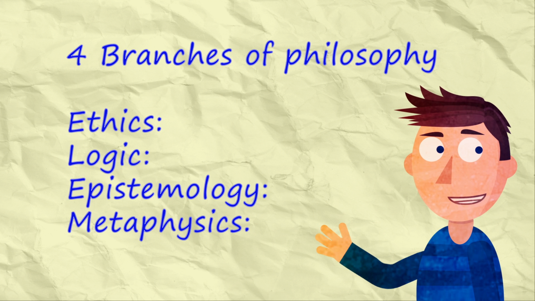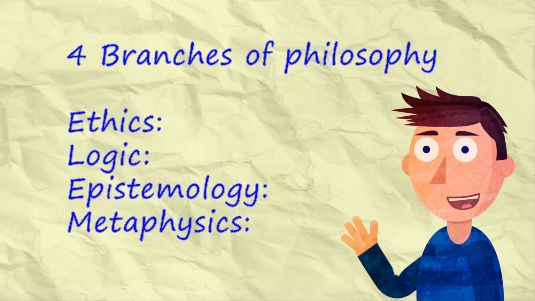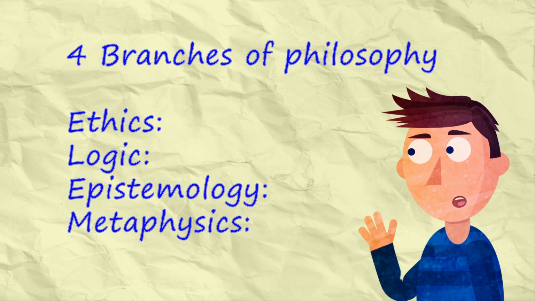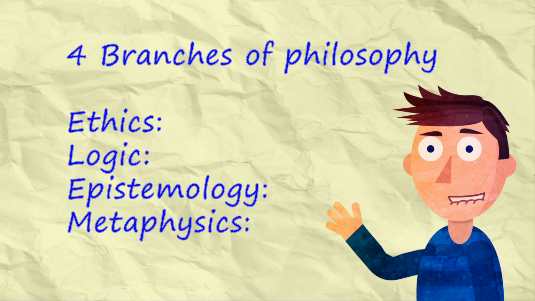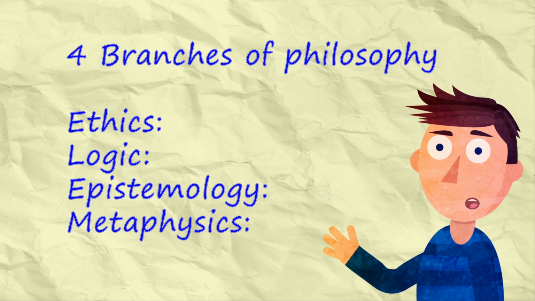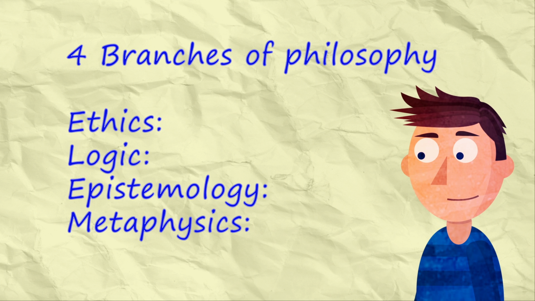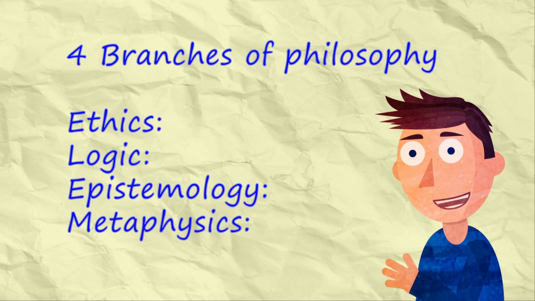The 4 branches are as follows: ethics, logic, epistemology, metaphysics. So for professionals, ethics and logic have the most practical application in terms of guiding them on how to make ethical decisions, while epistemology and metaphysics are highly theoretical and rarely used in practical application.